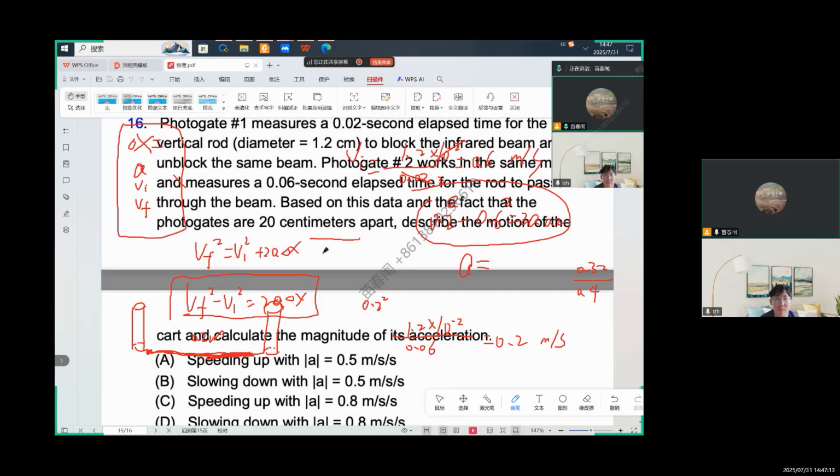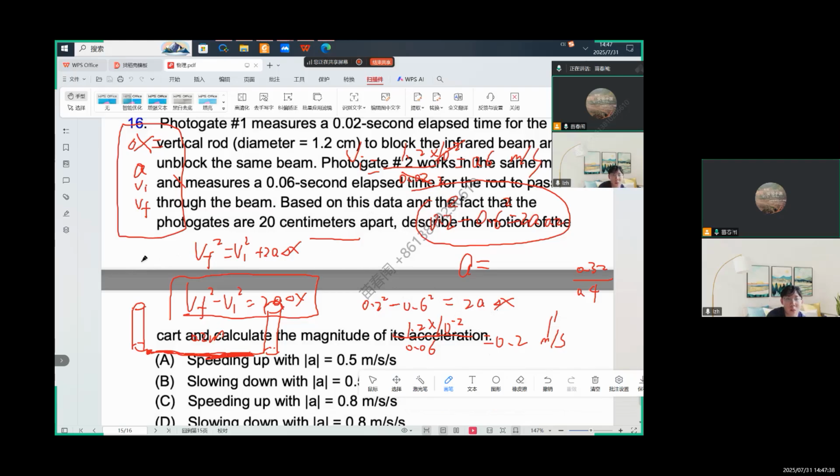Actually, it's 0.2. It's slowing down. So it's 0.2 squared minus 0.6 squared, which is negative, right? And also 2a delta x is positive, right? We assume going to the right is positive normally, right? So eventually a is negative, so it must be slowing down.